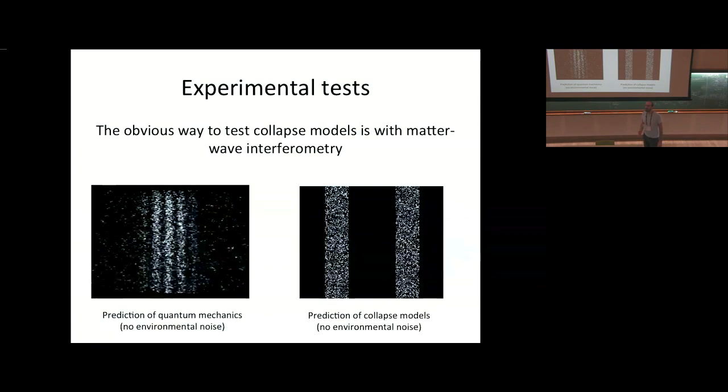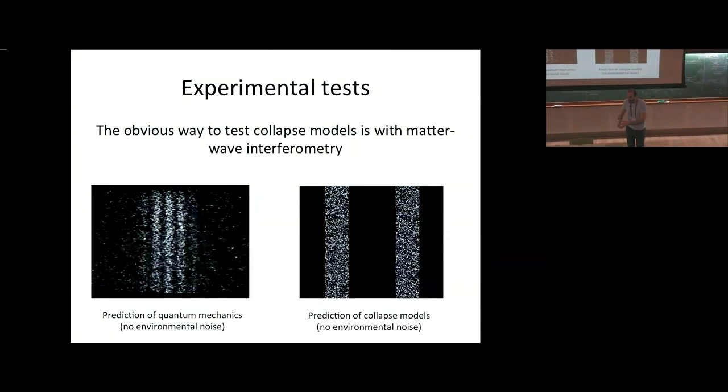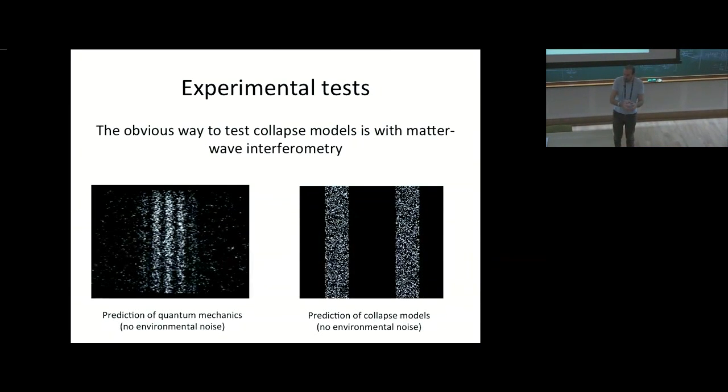Two condensates, that's what they did there. But it was not a condensate rigidly here, superimposed with a condensate rigidly there. That's the NOON state, which no one did.